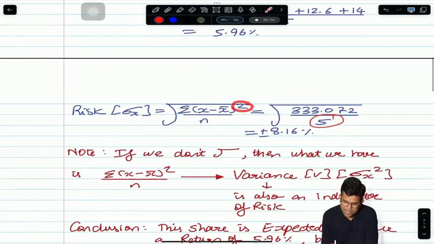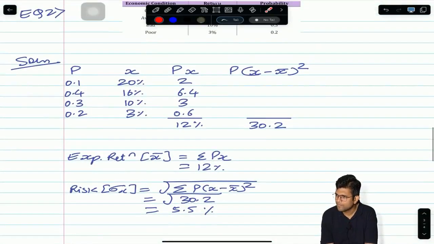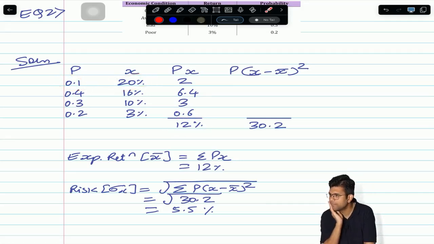You are squaring the deviations. N is not getting squared. Here instead of n, p is coming. Don't square the p. Square only the deviation. So it is basically x minus x bar whole square into p. Everyone done?